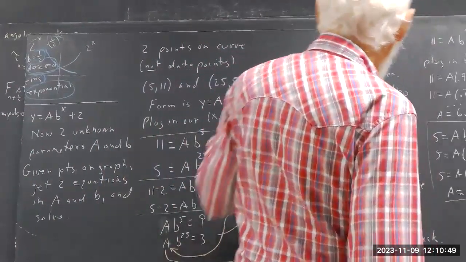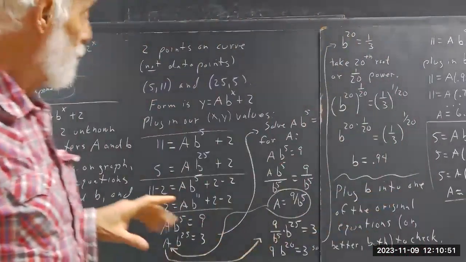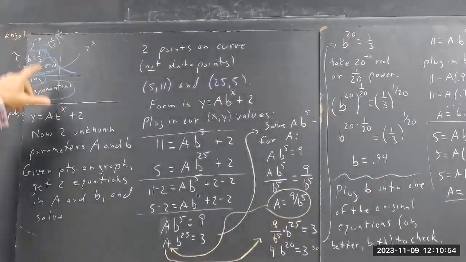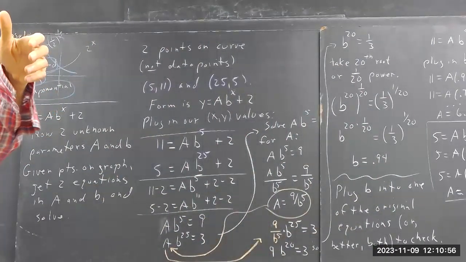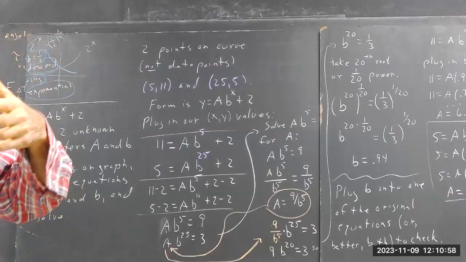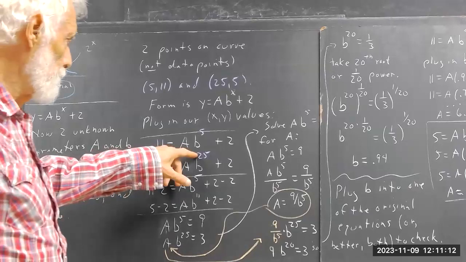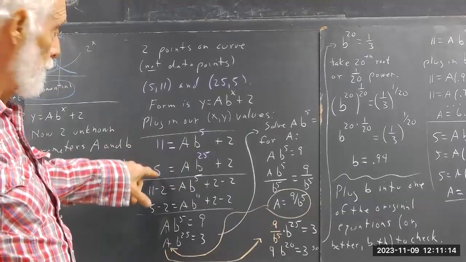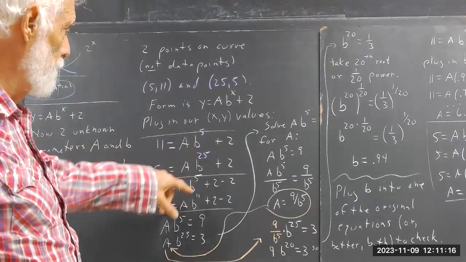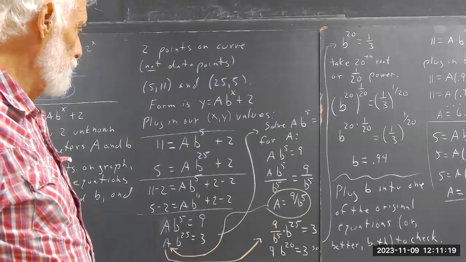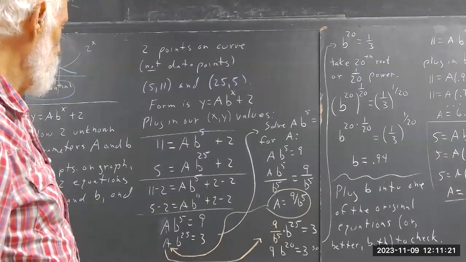So I'm not concerned. Those are the steps. This is how you can get data and get yourself maybe a useful exponential function. Something is a little bit wrong, because we really should have come out with a number very close to 11 here when we plugged our b value in, and very close to 5 here when we plug this b value in.